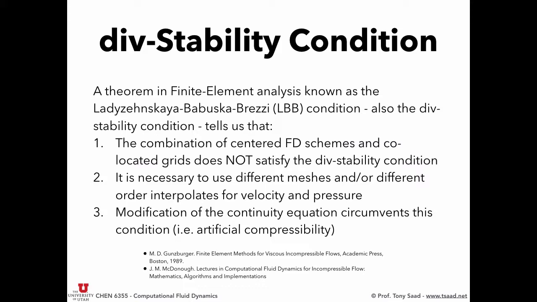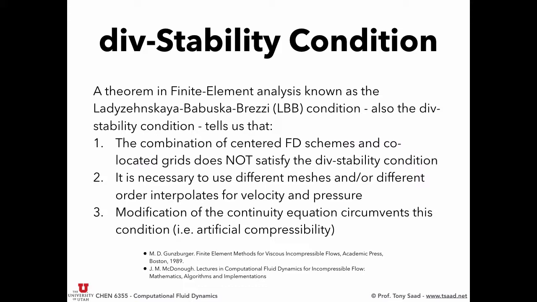And essentially it says that the combination of centered finite difference schemes and collocated grids, so in other words, putting all the variables at the same point, plus centered finite difference schemes, does not satisfy this inf-sup stability condition.